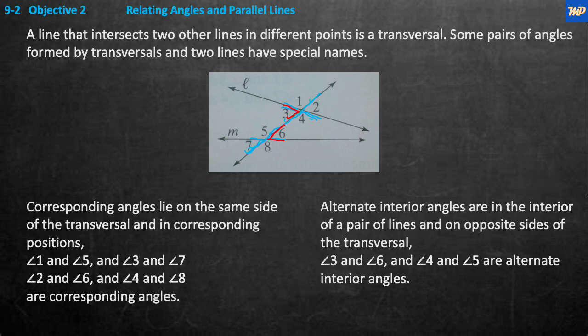And 4, here's 4 right here, and 5. So 4 and 5, and 3 and 6. Those are alternate interior angles. They're alternate because they're on opposite sides of the transversal, and interior because they're between the two lines.